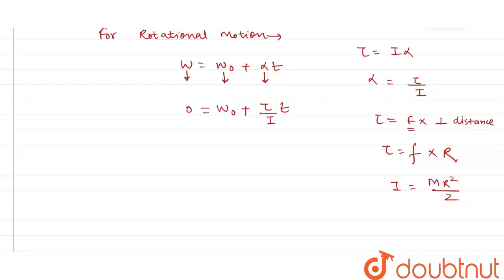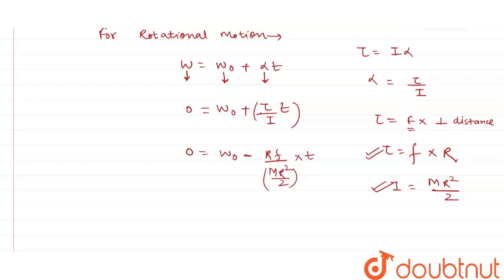Putting all the values, with tau equal to f into r, we have 0 equals omega naught minus r f upon m r square by 2 into t, the sign being minus because the torque is in the opposite direction to the rotation.